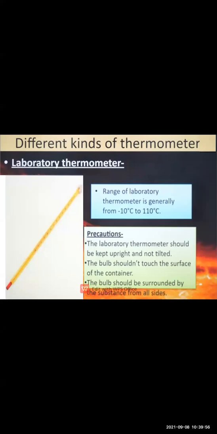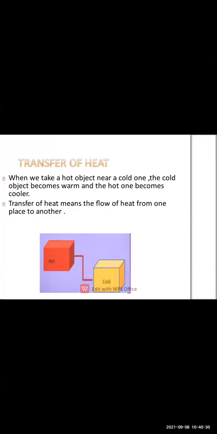The bulb should be surrounded by the substance from all sides, so it should not be dipped exactly till the end. It should be held a little bit higher and dipped in the solution you are measuring. These precautions are to be taken while handling the thermometer.